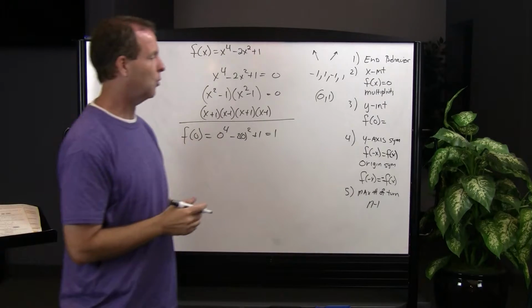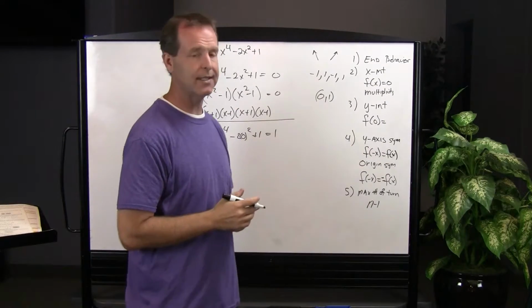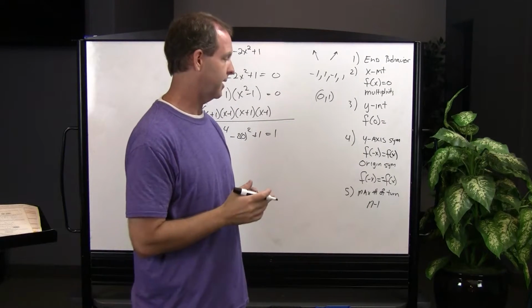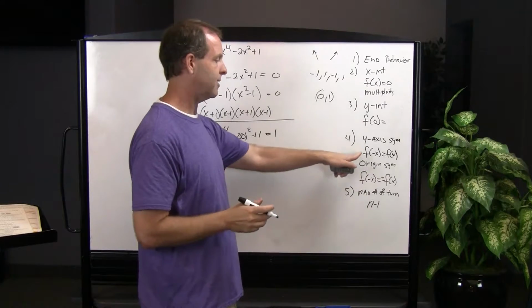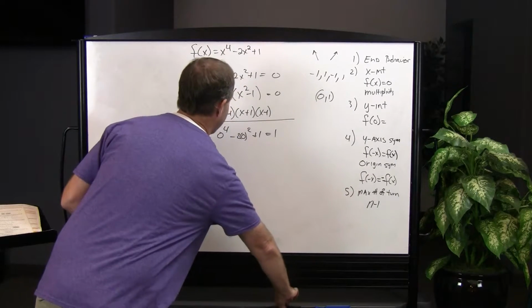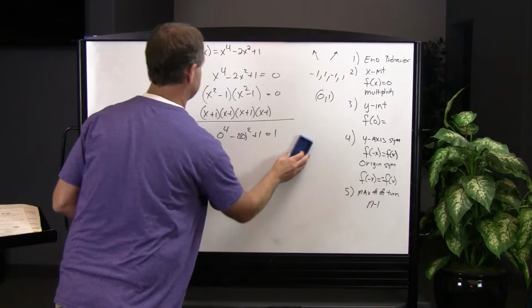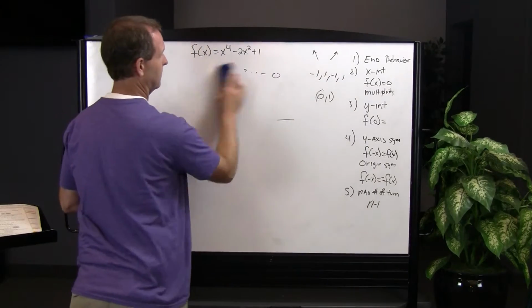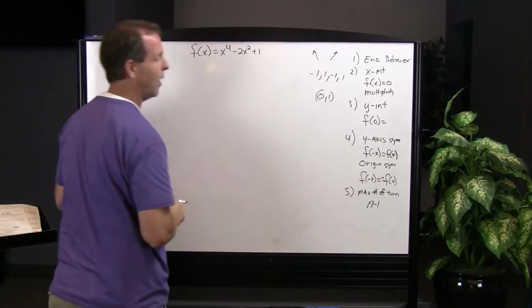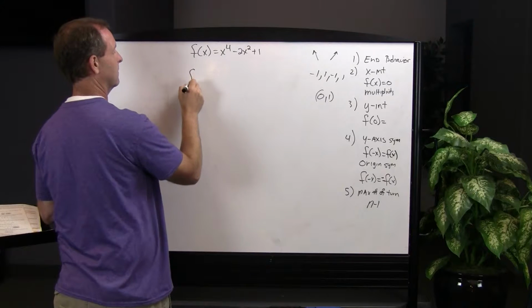We also potentially want to look for any y-axis symmetry or origin symmetry. How we determine that is by looking at our function and evaluating it at -x.